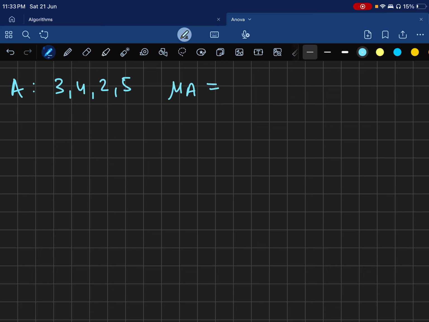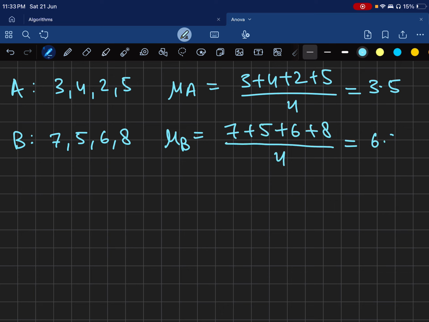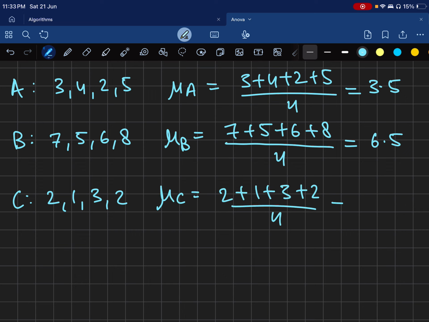The mean of B, which is 7, 5, 6, 8, mu B is equal to 7 plus 5 plus 6 plus 8 by 4, which is 6.5. Then C is 2, 1, 3, 2, and mu C is 2 plus 1 plus 3 plus 2 by 4, which is 2.0.